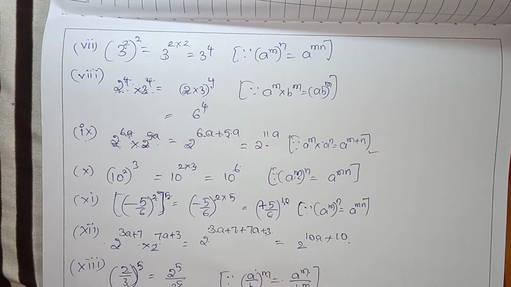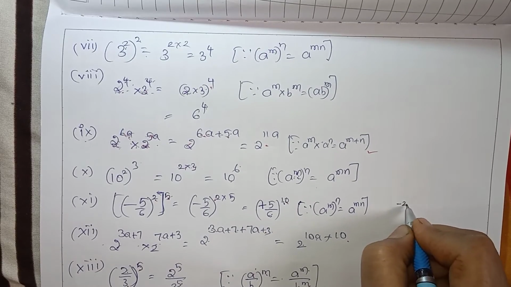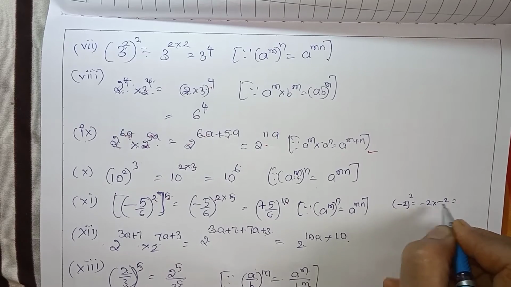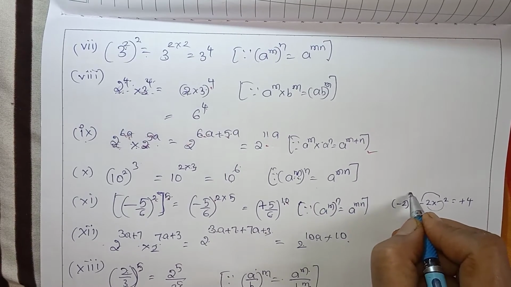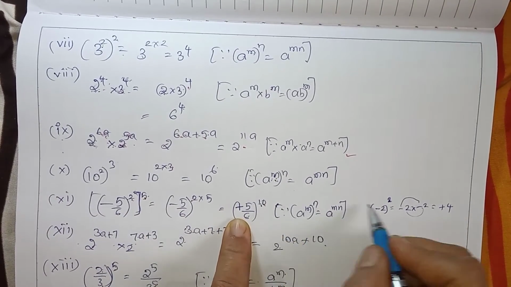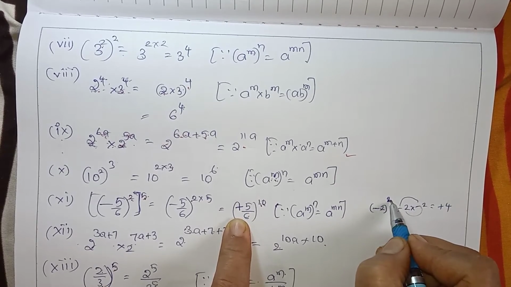Okay, once again I will explain this one here. Children, (-2)^2. Minus 2 into minus 2. Minus into minus is plus. 2 2s are 4. So this problem I am explaining, children. Here minus 2, just an example. (-2)^2 means the power is what? Even. Okay.